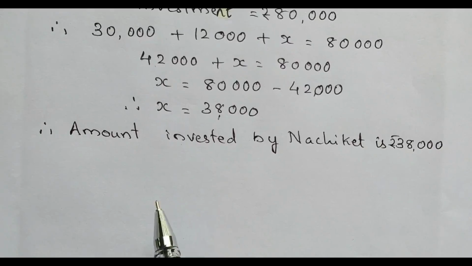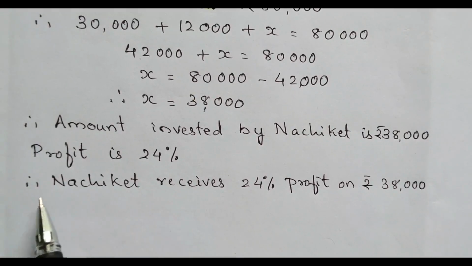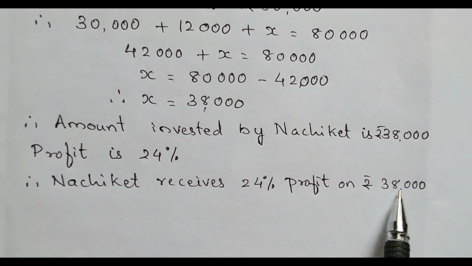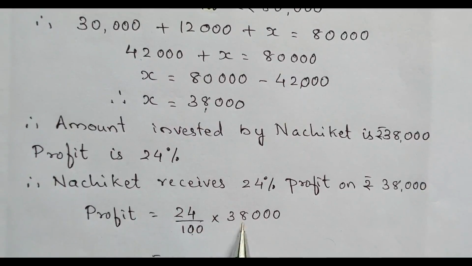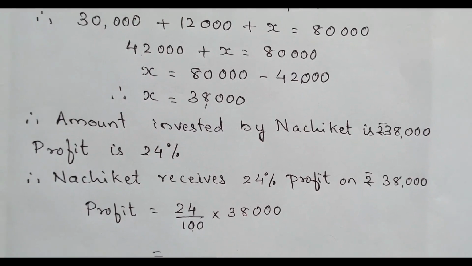Now at the end of 1 year, they made a profit of 24%. Therefore, Nachiket receives 24% profit on rupees 38,000. That is, profit is equal to 24 upon 100 multiplied by 38,000. You can cancel the zeros and do the multiplication.